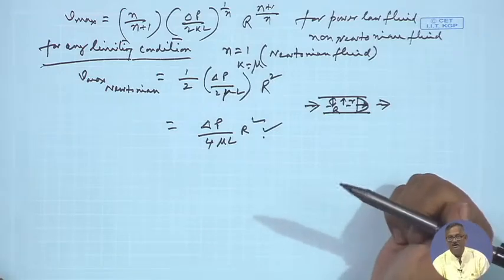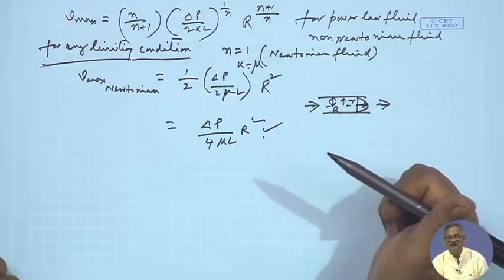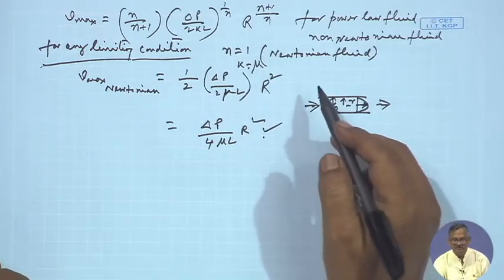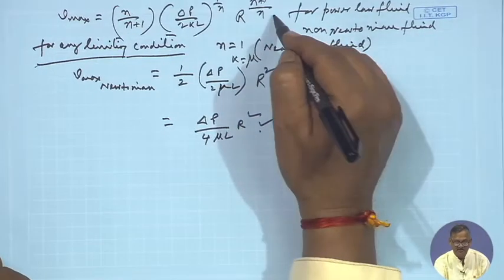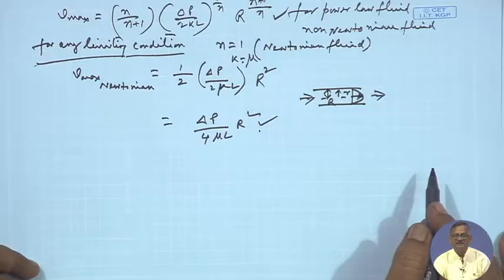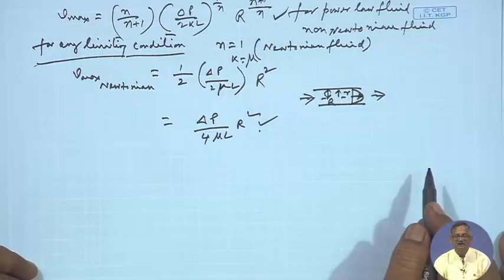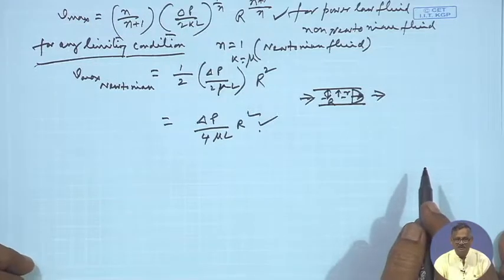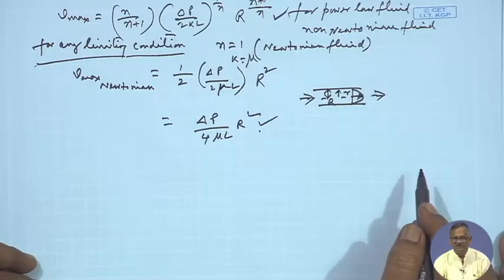This we have done earlier, and you can check that the one which we have said, this for power law fluid, that is fluid following the power law, where n can be any value, which earlier we said n is what for what kind of fluid, and generally it is called non-Newtonian fluids.